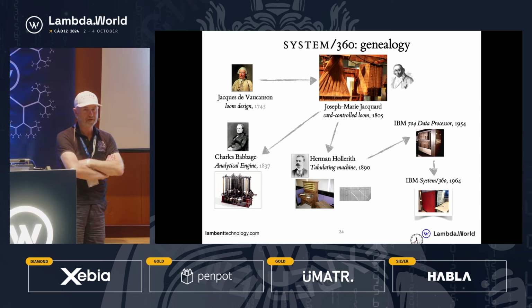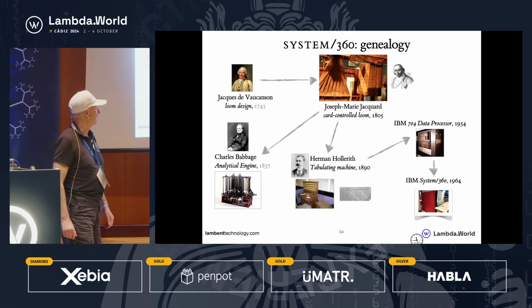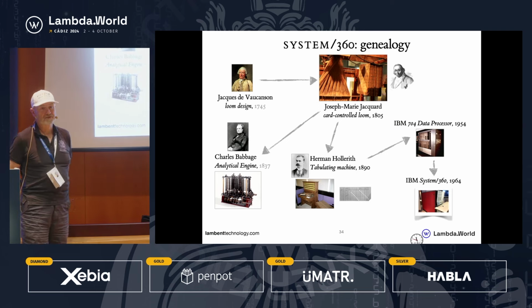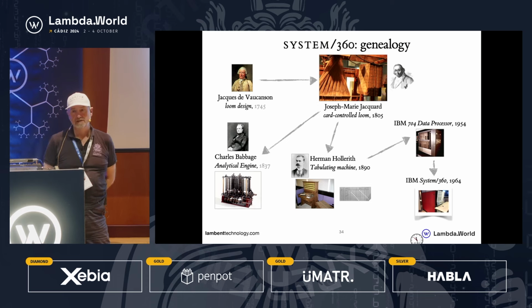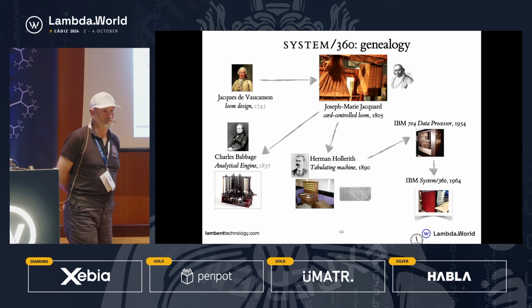Let's pause a moment and look at the ancestry of the System 360. It had started off in the 18th century with Jacques de Vaucanson, the guy who made the famous mechanical duck, who'd put a design for a programmable loom for weaving.